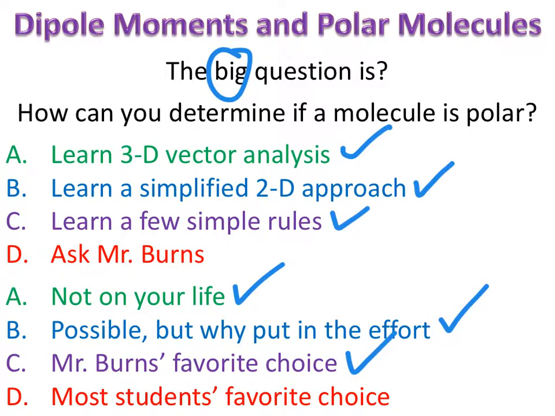That is my favorite choice, and I know that in a multiple choice you've got to have at least 4 answers here. Ask Mr. Burns. Well, I know that's your favorite choice. We are going to go with C. Learn a few simple rules.